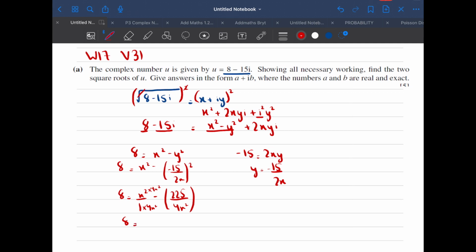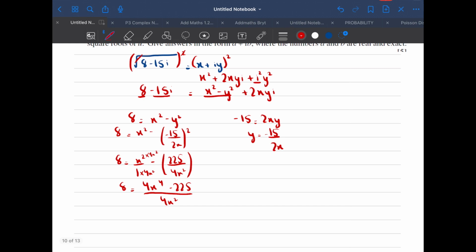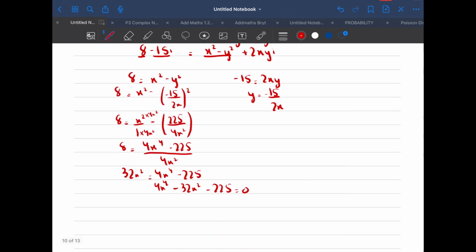It's going to be 8 is equal to 4x power 4 minus 225 upon 4x square. Let's multiply 4 eights as what? 32x square is equal to 4x power 4 minus 225. So it's going to be 4x power 4 minus 32x square minus 225 is equal to 0.